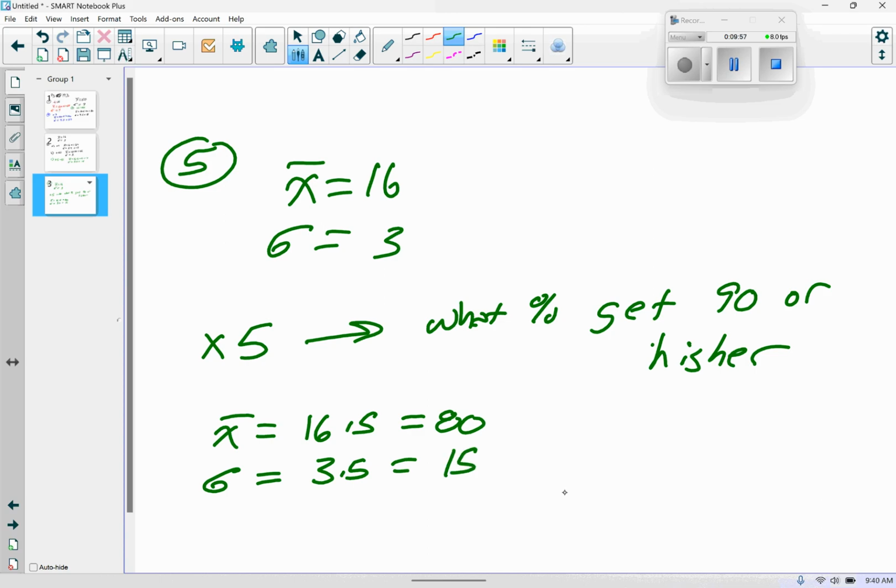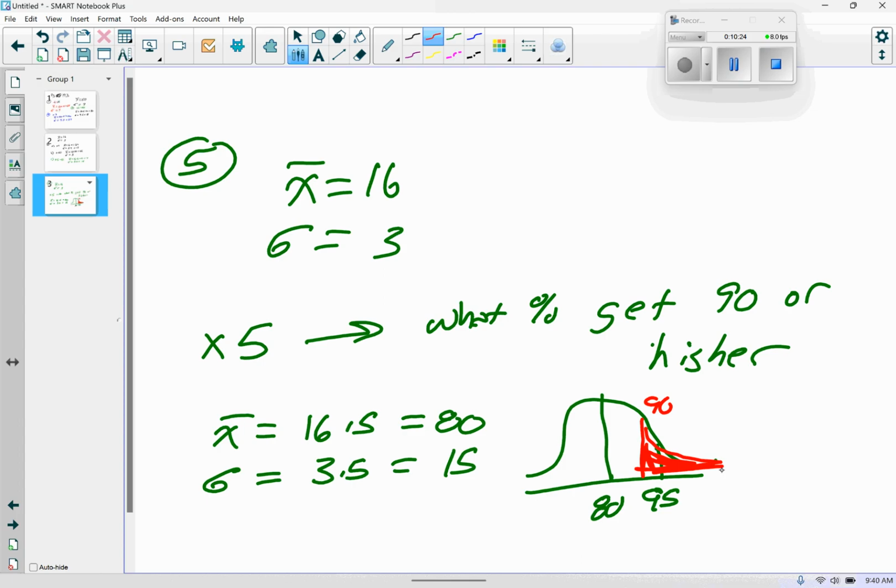All right. So this basically means 80, one standard deviation to the right, puts it to a 95. What percent get a 90 or higher? Friends, what do you suppose we should do here? We just had a quiz on it.